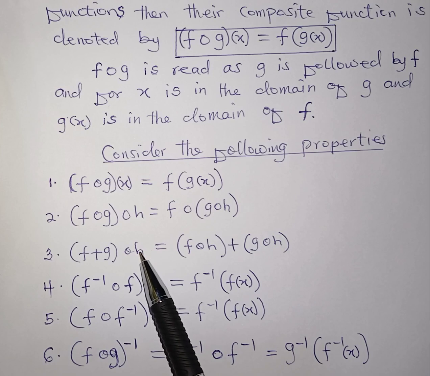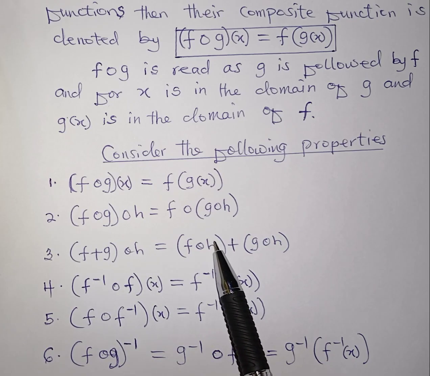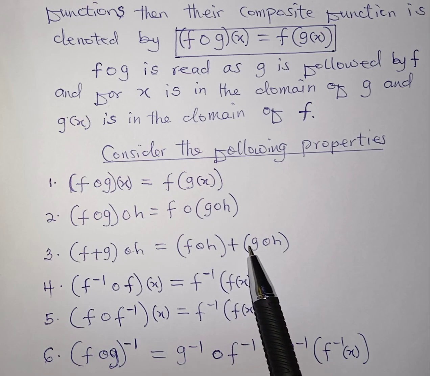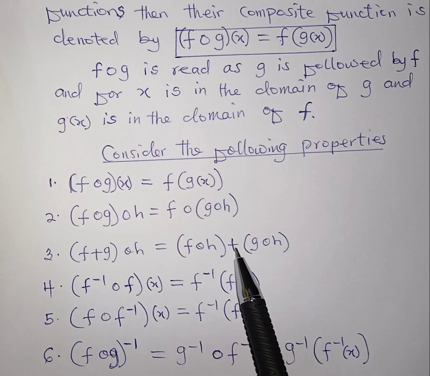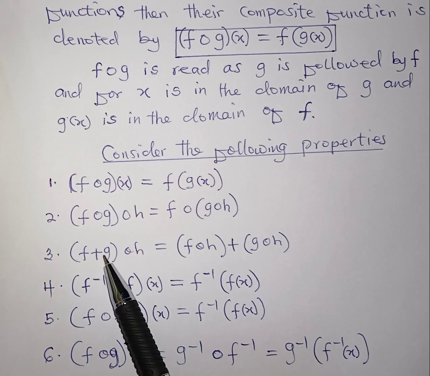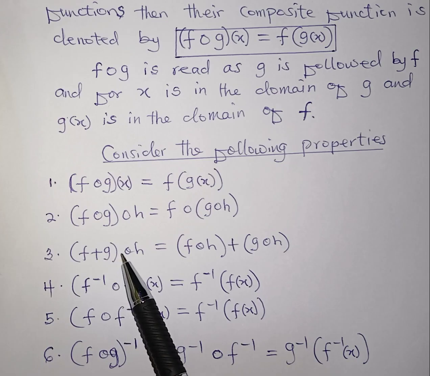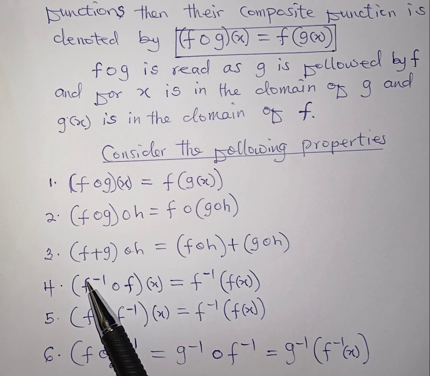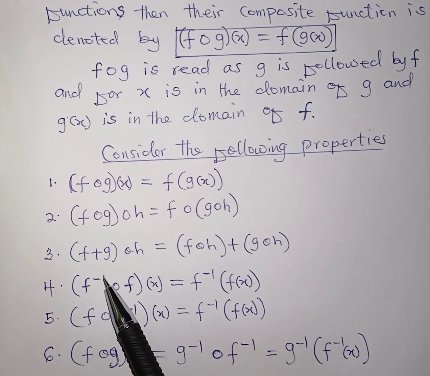So the domain of h should be in the domain of f, and you sum this with the domain of h also in g. This one is very key and very simple, and this is where you apply the distributive property. Good. Now let's look at this. You see this sign, remember what we did.